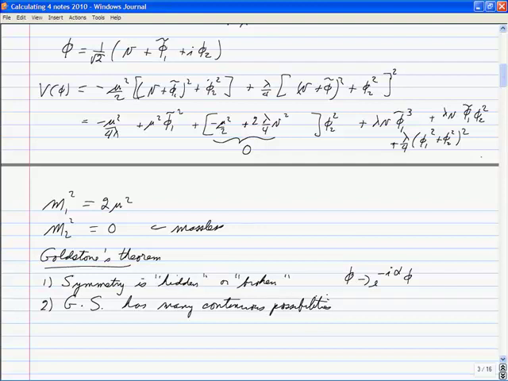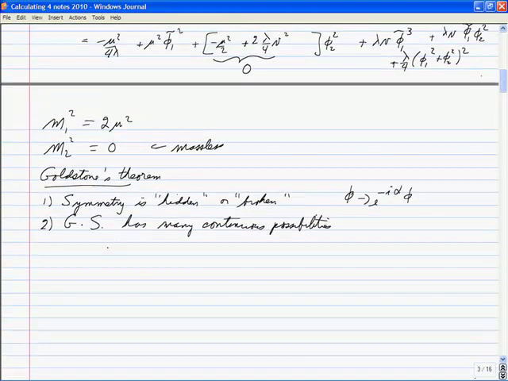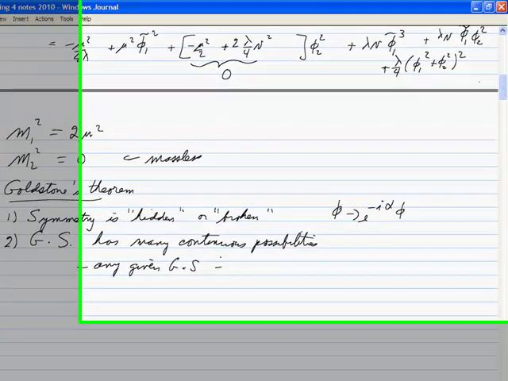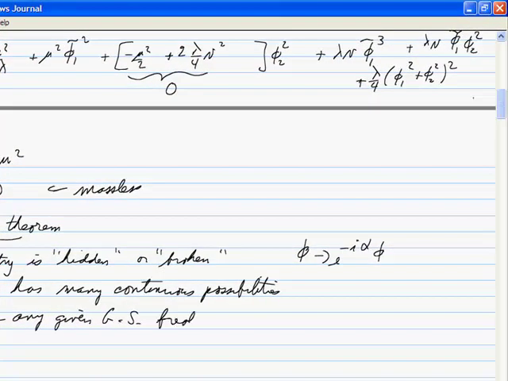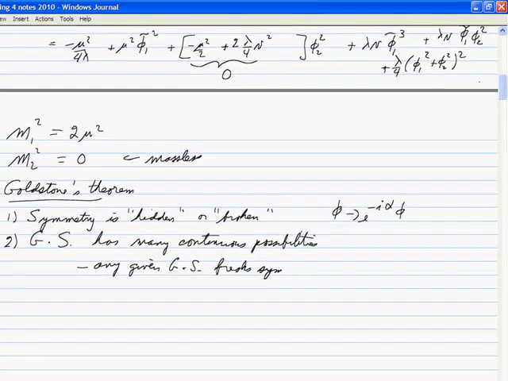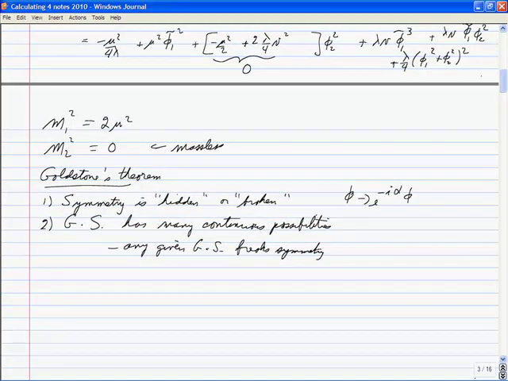There's not just a discrete number. Any given ground state breaks the symmetry. And the consequence of that is Goldstone's theorem.